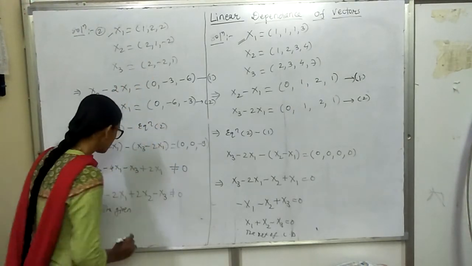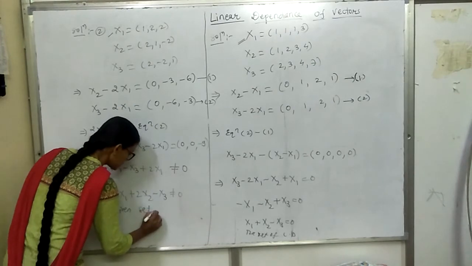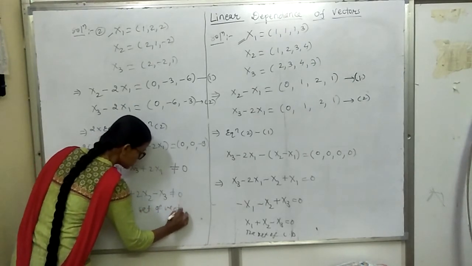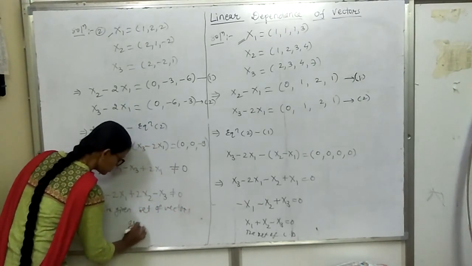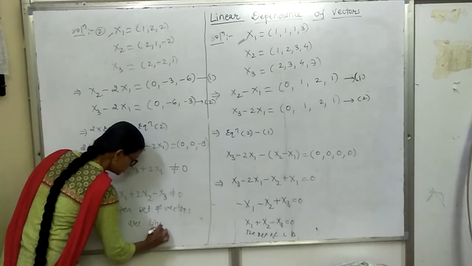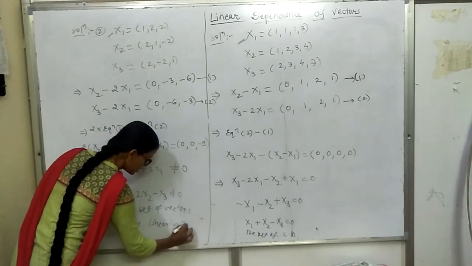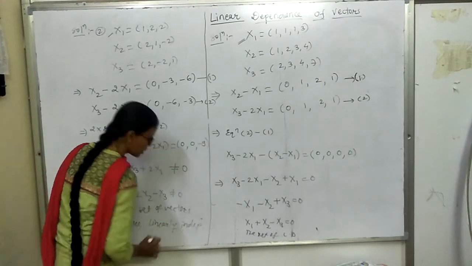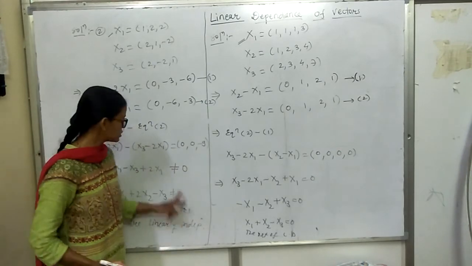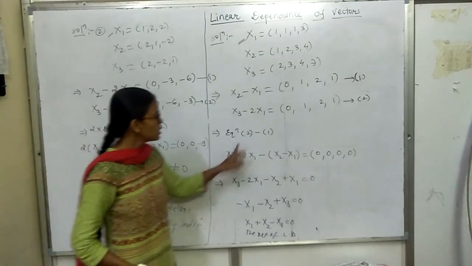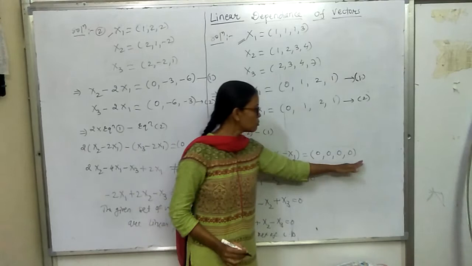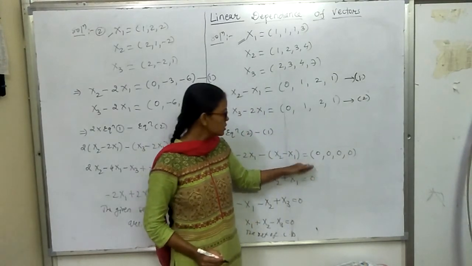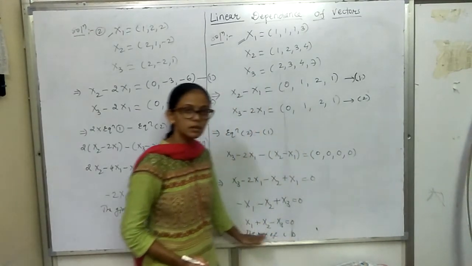If all the components are not 0, the given set of vectors are linearly independent, and in the first example since all the components are 0, the given set of vectors are linearly dependent.